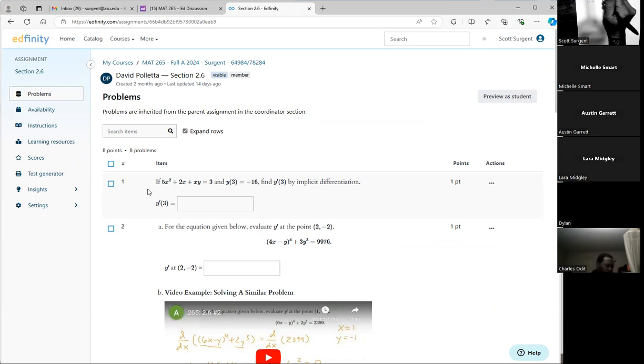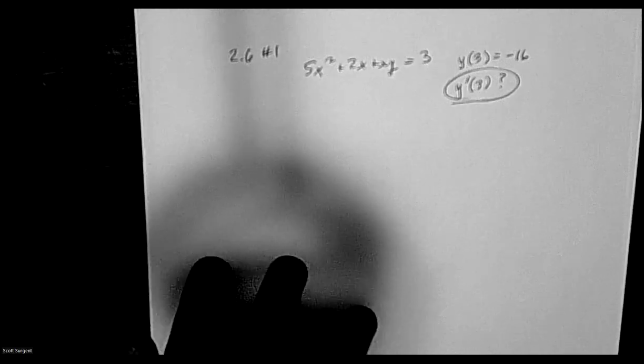We have 5x squared plus 2x plus xy equals 3. We're told that y at 3 is negative 16. We want to find y prime at 3. Okay. I will stop the share.